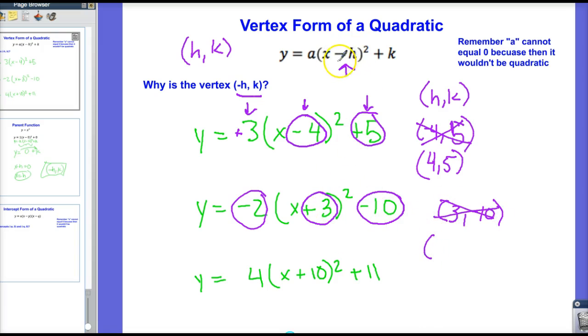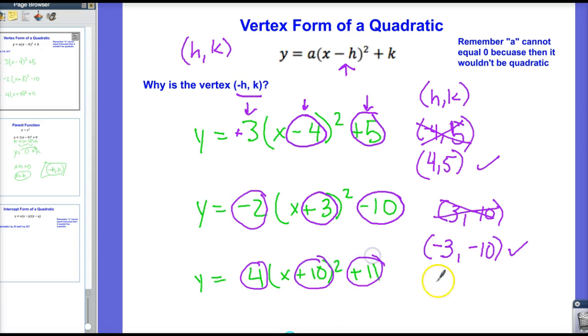Since the formula has a negative in it, this is negative h. Okay, negative 3, negative 10 will be the correct vertex. Again, one more time. Plus 4 for a, plus 10 for h, and plus 11. The correct vertex is negative 10, positive 11. That is why I say negative h, k instead of h, k, so we don't get confused.